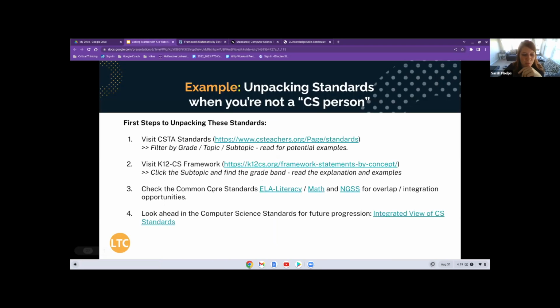I promised you that Eric had made this amazing resource to help navigate all these things together. Obviously, you guys are very familiar with the Common Core standards, so look for overlaps there. As you read the computer science standards and maybe look at the expanded version or the framework, you say, hey, that sounds familiar.